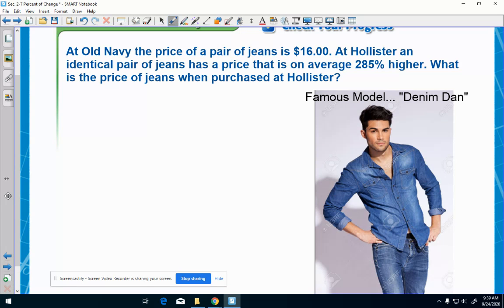Well, you got to turn 285 into a decimal so that you can multiply by it. So it's going to be, move it 2 place values, not 3. Now you just moved it 1 place value. 2 place values.